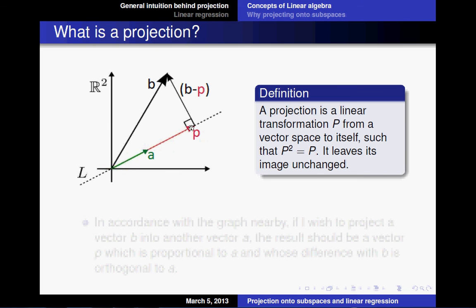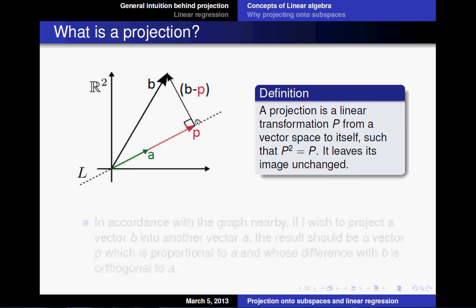The vector we obtain, P, must be as close as possible to B. And this requirement of closeness, of proximity, is guaranteed by the orthogonality between B minus P and A.